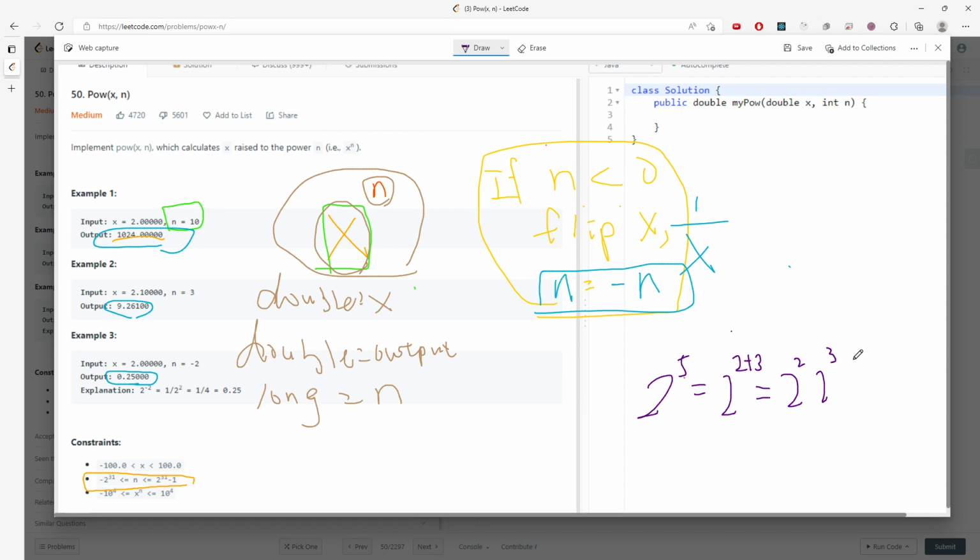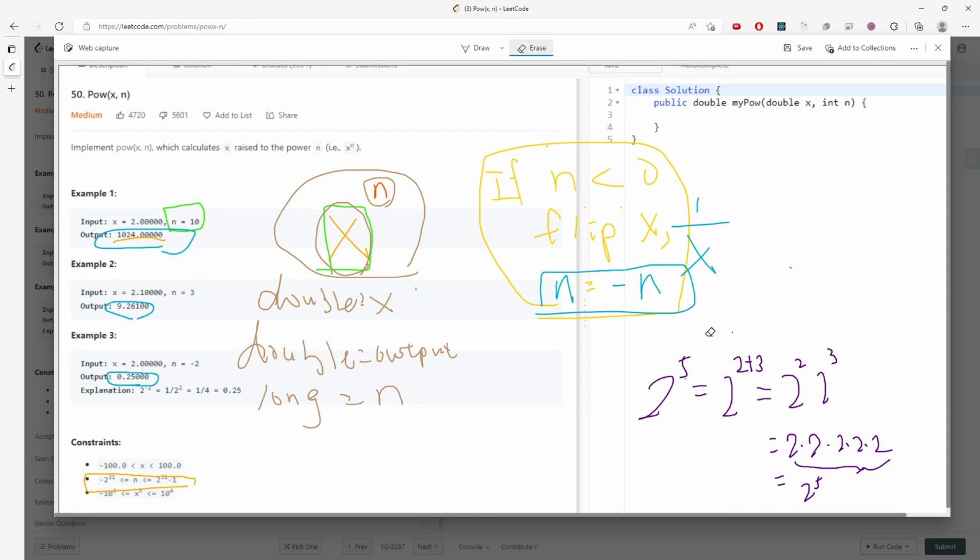So we can get 2 to 5. And then 2 to 2 becomes 2 times 2, and 2 to 3 equals 2 times 2 times 2. At the end, you just do the math and this is going to be 2 to 5. These are the same thing, but we need to minimize the big problem into smaller problems, right?